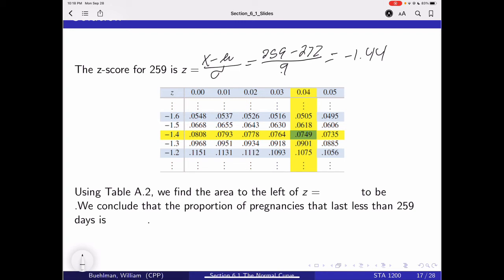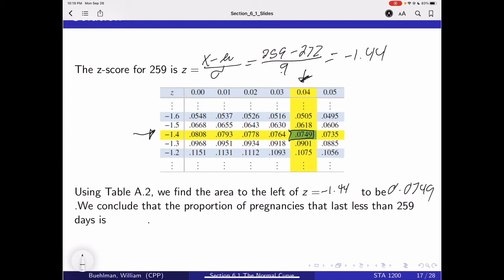Now we have to find the row with negative 1.4, which is here, and the column with 0.04, which is here, and we find where the column and the row intersect, which gives us this value right here of 0.0749. So using Table A2, we find that the area to the left of z equaling negative 1.44 is 0.0749.